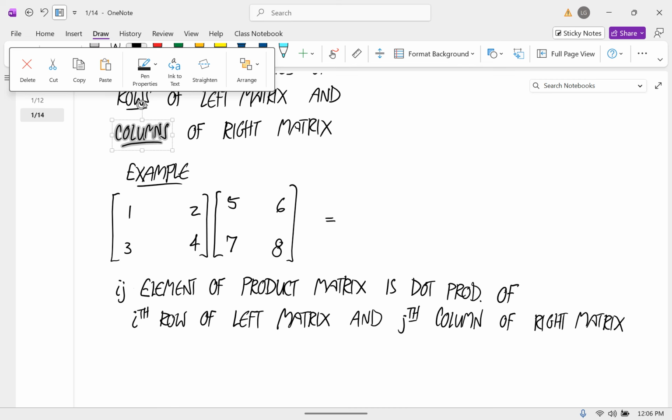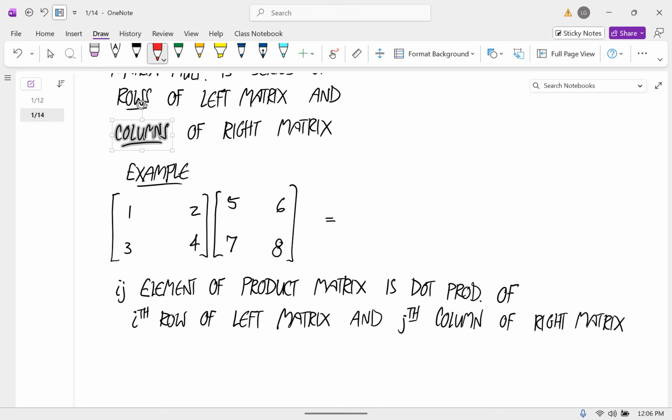First we want the 1, 1 element, the top left element of this product matrix. To get that, we're going to take the dot product of the first row of the left matrix and the first column of the right matrix.